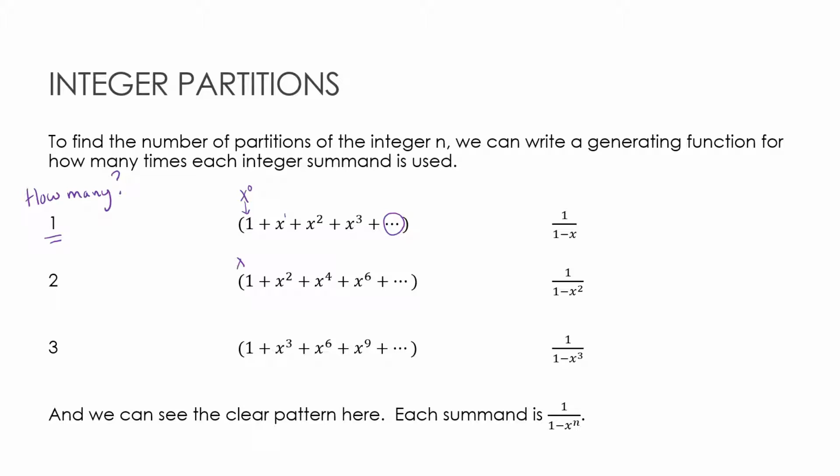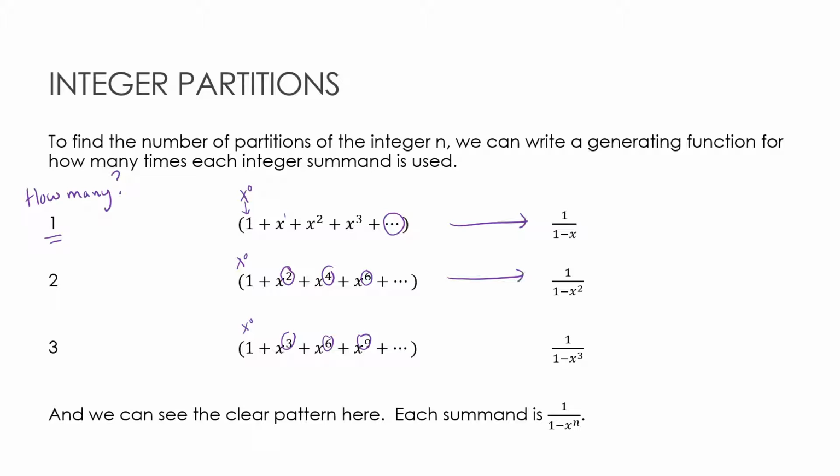Again, I could use 0 2's. And remember, I'm going to go straight to x squared here because I want my exponent to represent the value. So I wouldn't use x to the first, even though it's 1, 2, I'm really adding 2 values. So 2, 4, 6, etc. 3, 6, 9, or 0, 3, 6, 9, etc. for 3's, and we can see how this pattern would continue.